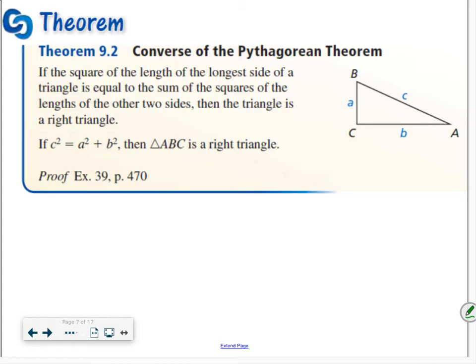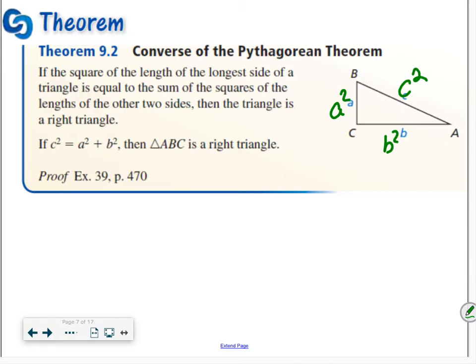The converse of the Pythagorean theorem basically says, again, converse, we're kind of inverting our hypothesis and conclusion. It says if the square of the length of the longest side, so our c squared, a squared, and b squared, is equal to the sum of the squares of the other two sides, then it is a right triangle.